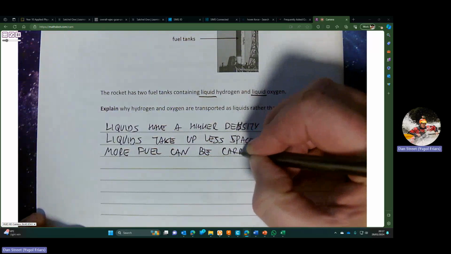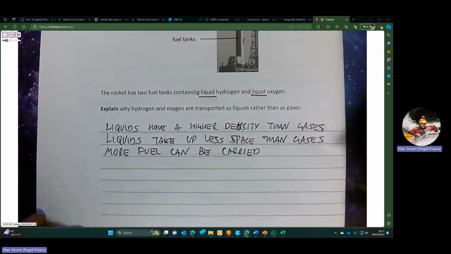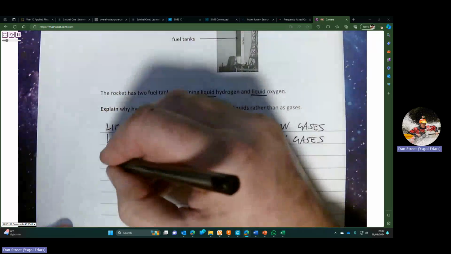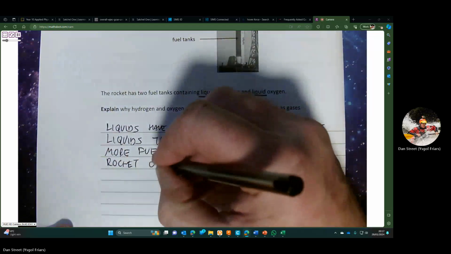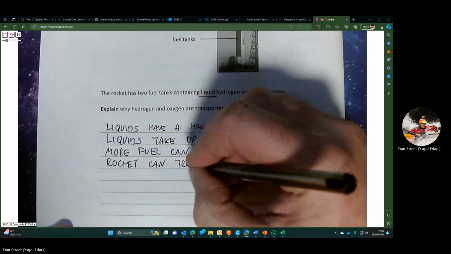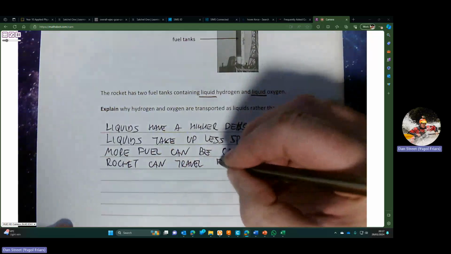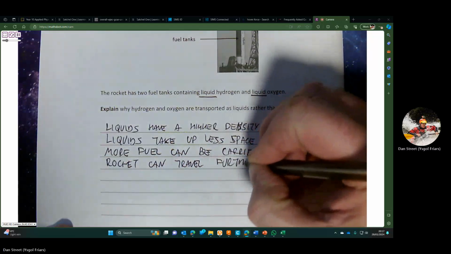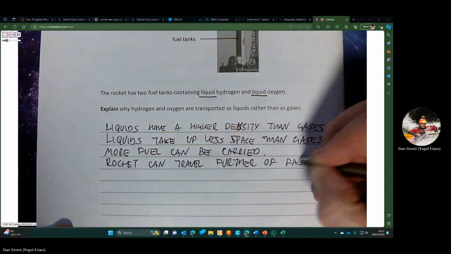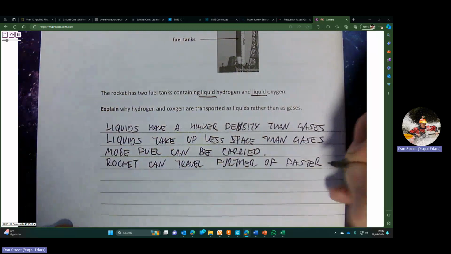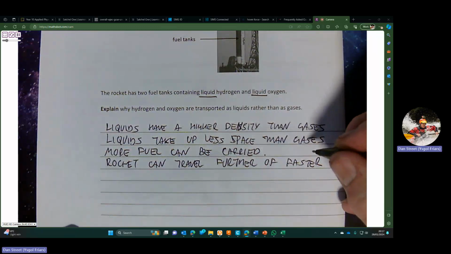And if more fuel can be carried, then the rocket can either go further or go faster. So the rocket can travel further or faster, depending on what's needed to get it to the moon.